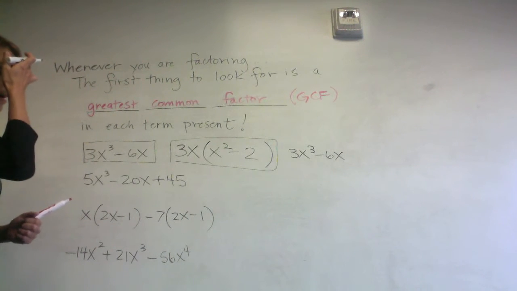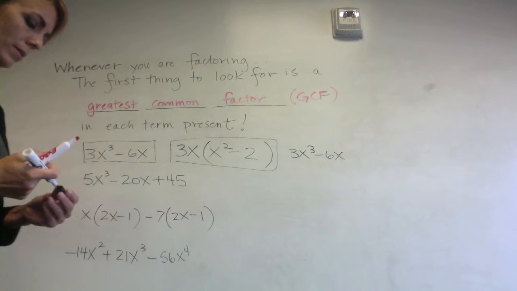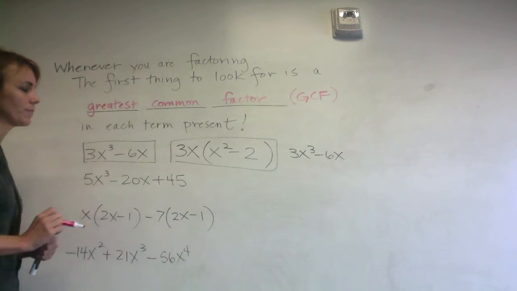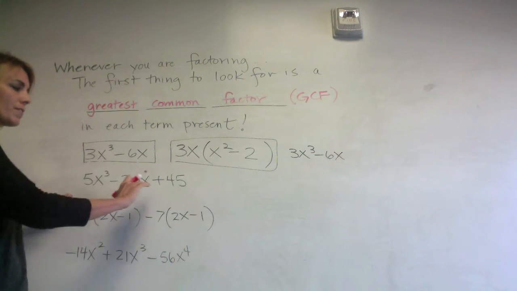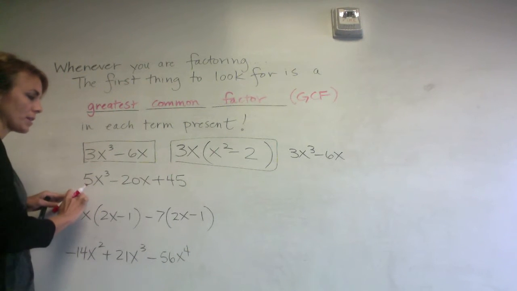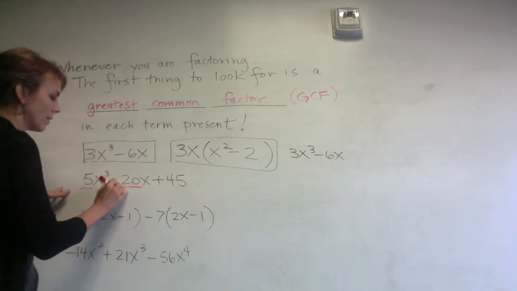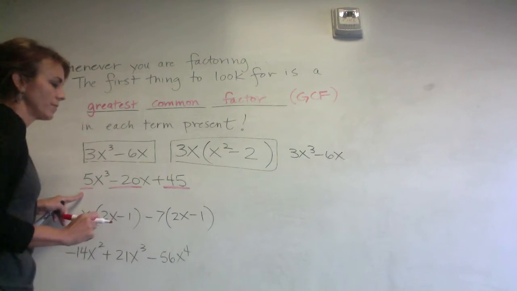Okay, so let's look at this next one. 5x cubed minus 20x plus 45. So let's look at every term and let's just look at the number part, the coefficient part of the 3 terms here. What is the largest thing that can be divided out of these 3 numbers? 5, negative 20, and 45.